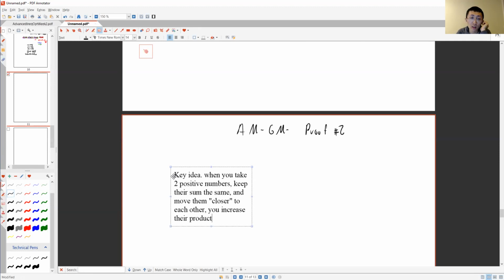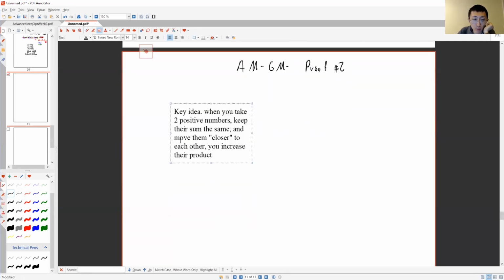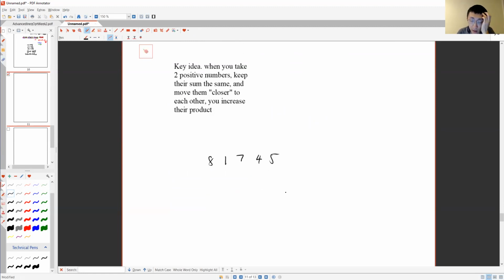Okay, so let's say you have 5 numbers, right? Let's say we have 8, 1, 7, 4, 5. I want to prove that their arithmetic mean is bigger than or equal to their geometric mean.